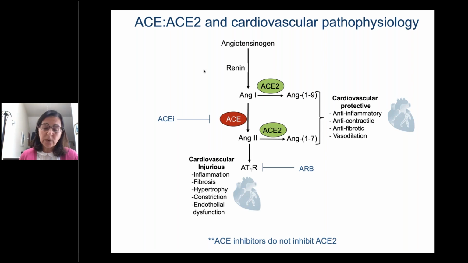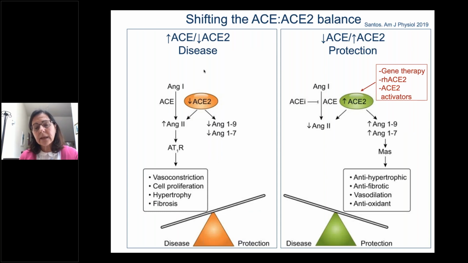And finally, as was highlighted previously, it's important to appreciate that the therapies that we use today to target the renin-angiotensin system, such as the ACE inhibitors, do not inhibit ACE2. So this is an exciting area in terms of physiology and pathophysiology, because we are always looking for better and improved treatments to address disease.